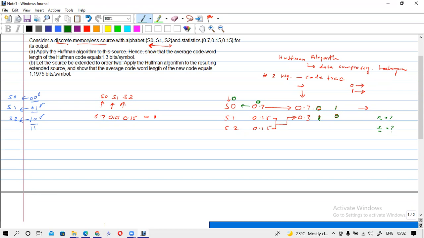And if we assign this 1 to the 0.3 probability, this 0.3 probability is formed by adding these 2 probabilities. So this 1 should be assigned to both probabilities. So I assign 1 and 1 here.